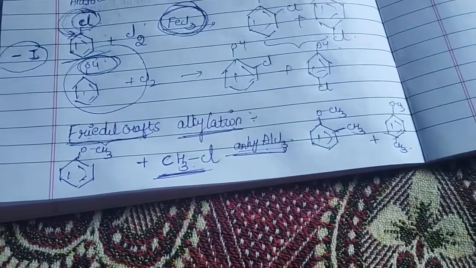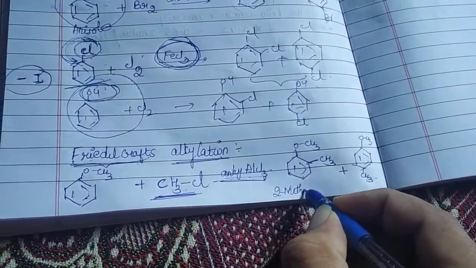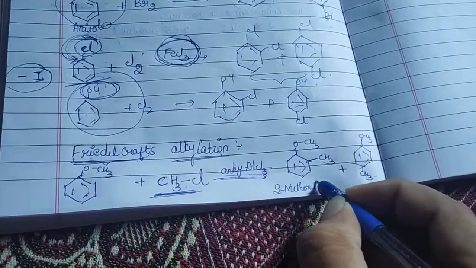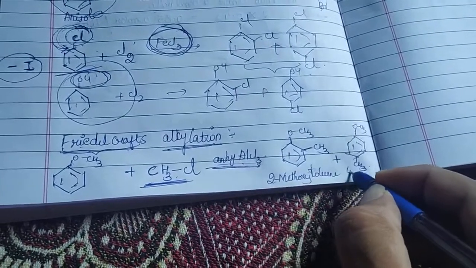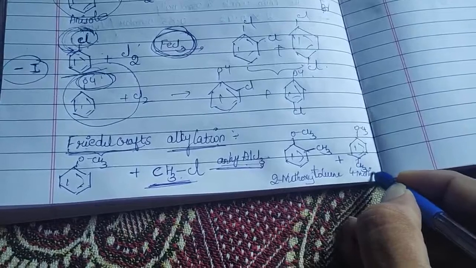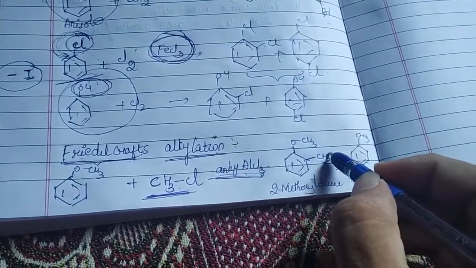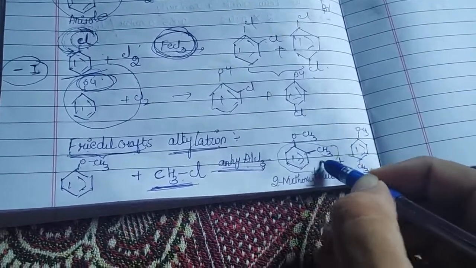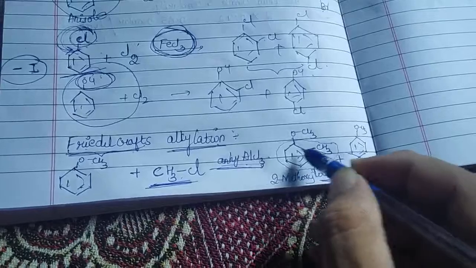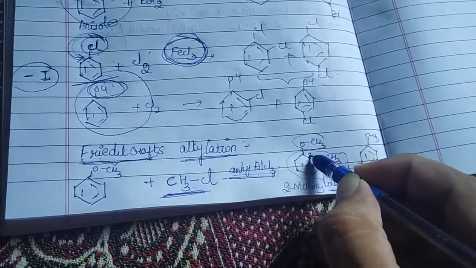So this is 2-methoxytoluene. And this is 4-methoxytoluene. Here we have used this compound as the parent. C6H5CH3 is called what? Toluene. Now this is the first position, this will be second.